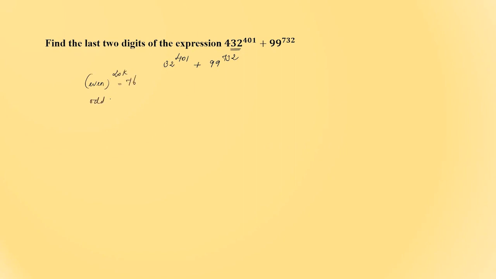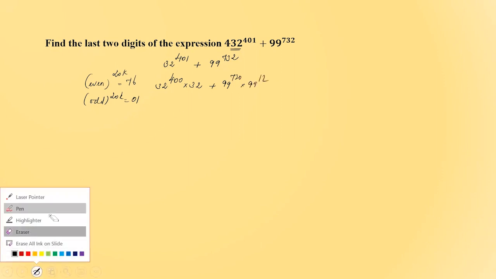An odd number raised to the power a multiple of 20, the last two digits will be 01. Okay, so here I can write this as 32 to the power 400, which is a multiple of 20, into 32. Plus here 99, this is an odd number, right? So 99, 700, instead of doing it as 720, the problem here is this will be 720 into 99 to the power 12, right?